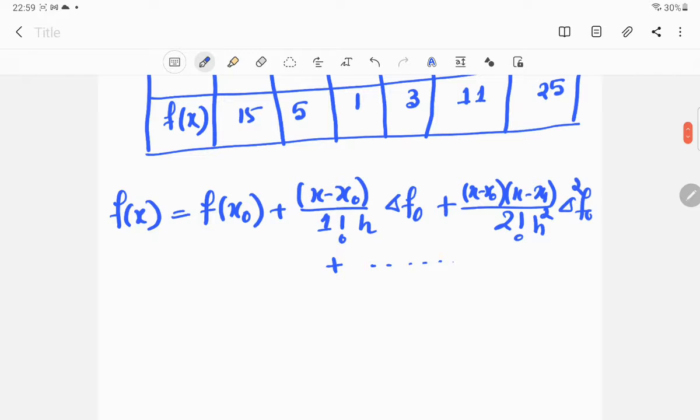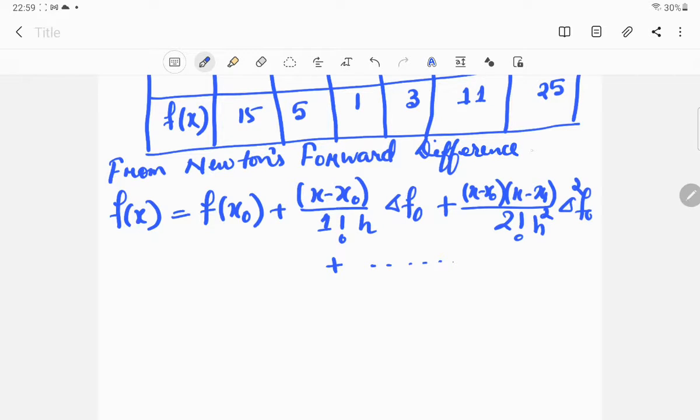This is from Newton's forward difference formula. I hope all of you are aware of it.